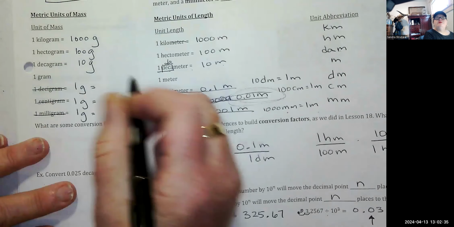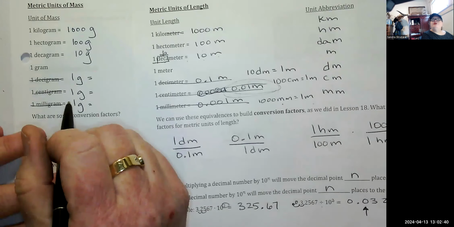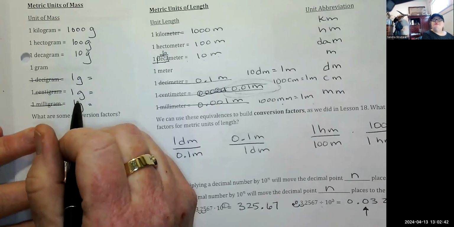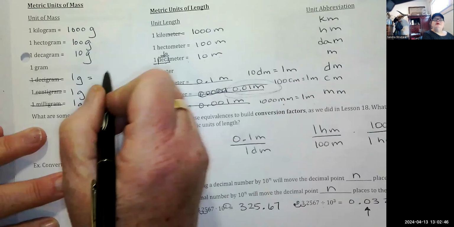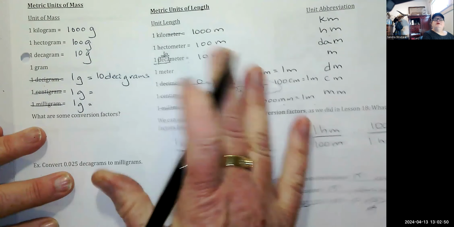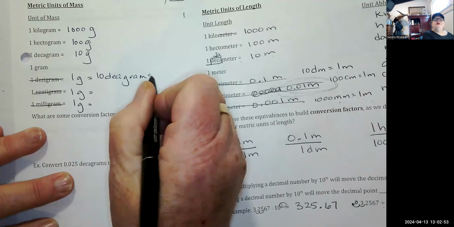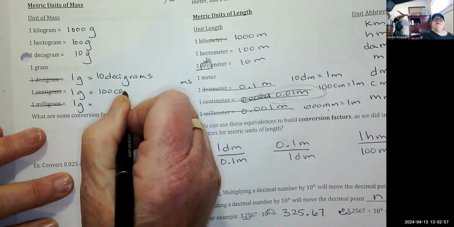I know this is different from how they would want me to teach this, but when you're using this for your conversions, it just makes more sense to me. So 1 gram is equal to how many decigrams? 10 decigrams. All right. 1 gram is equal to 100 centigrams.